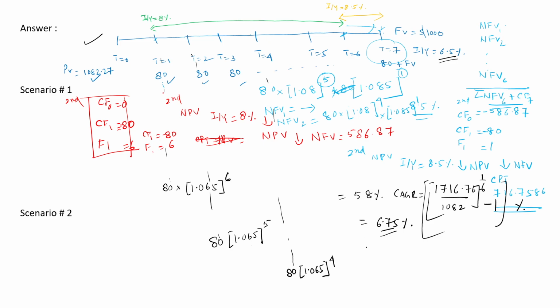So along this line, if we go on doing this exercise, we will see that the sixth cash flow will yield me 1.065 whole to the power 1, and the last cash flow, of course, is not going to yield me any reinvestment proceeds because there is just no scope for investment.